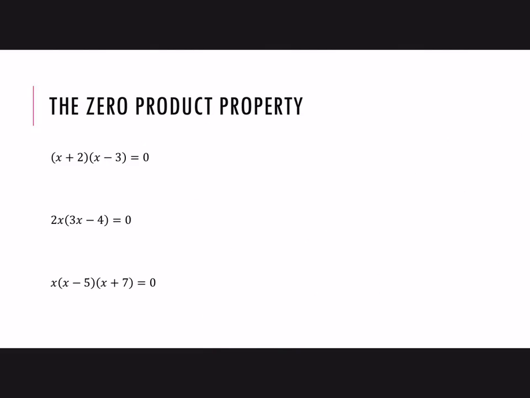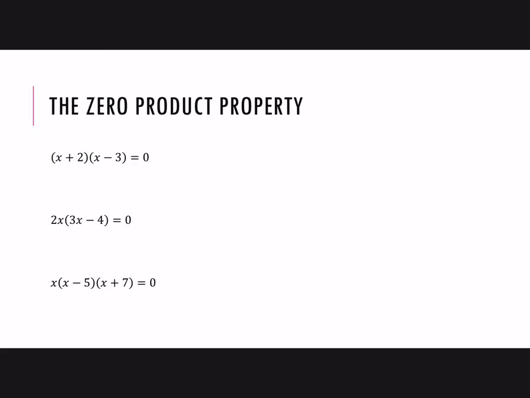So let's see how that property works for solving quadratic equations. Here are some that are already factored for us, and you've looked at factoring already, how to turn a standard form equation into something that looks like this. Now we're just going to add in this piece about the zero product property. What I have here are two things being multiplied together that equal 0.